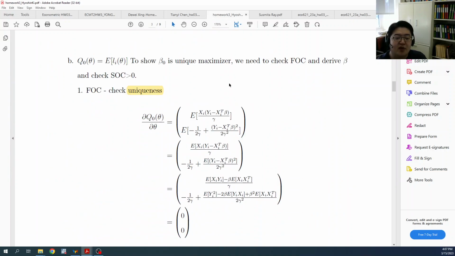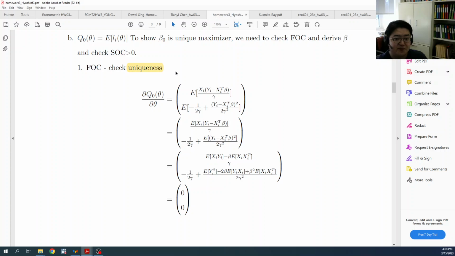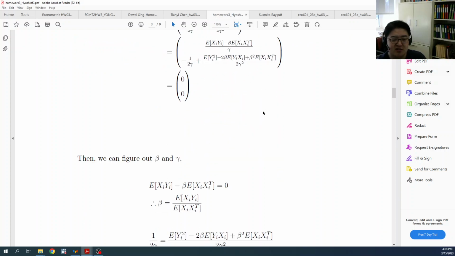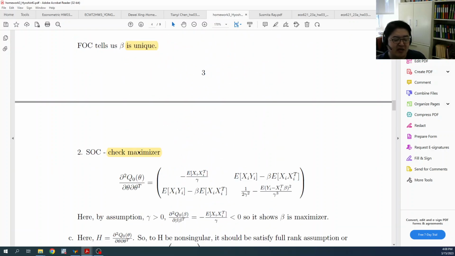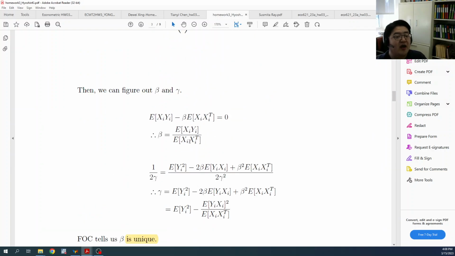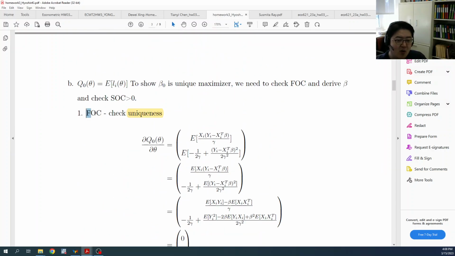And here, in this answer, check uniqueness. Actually, it's the other way. So she said the first order condition is uniqueness, and the second order condition is maximizer. But actually, it's the other way. In the first order condition, we are looking for where the derivative is flat. The derivative is 0, where the slope is 0. So when the slope is 0, it will be either a minimum if the function looks like this, or a maximum if the function looks like this.